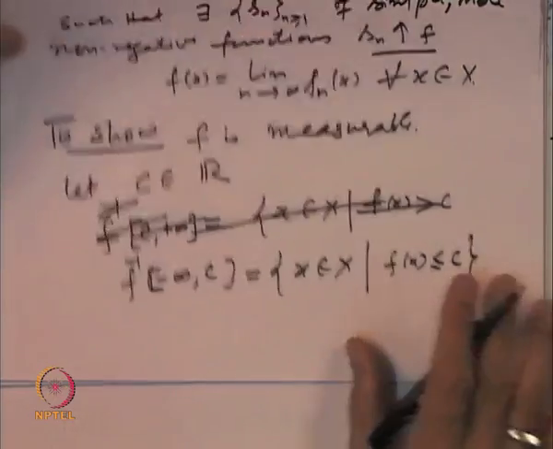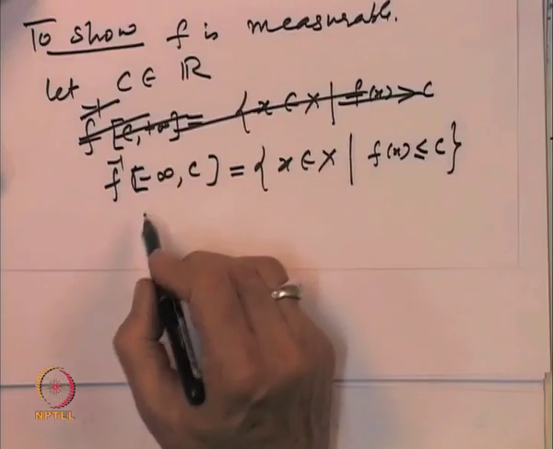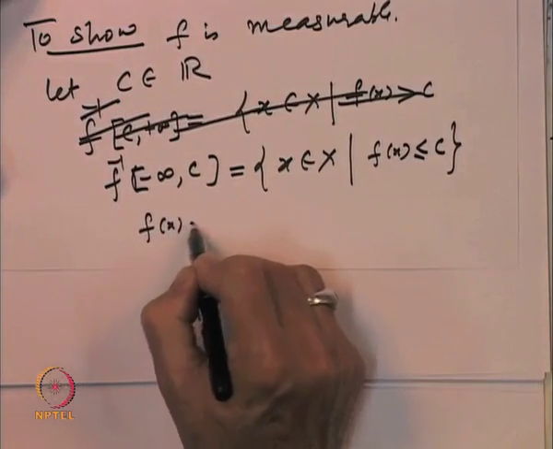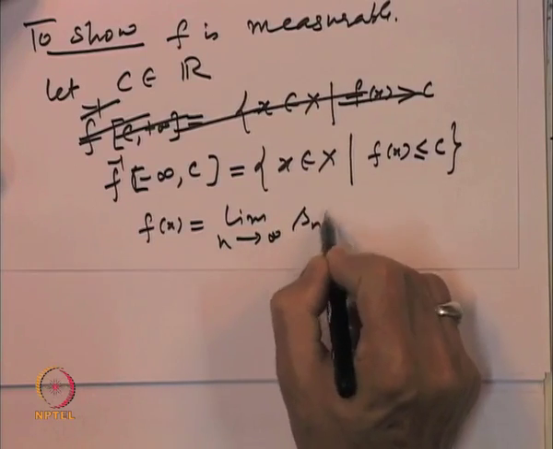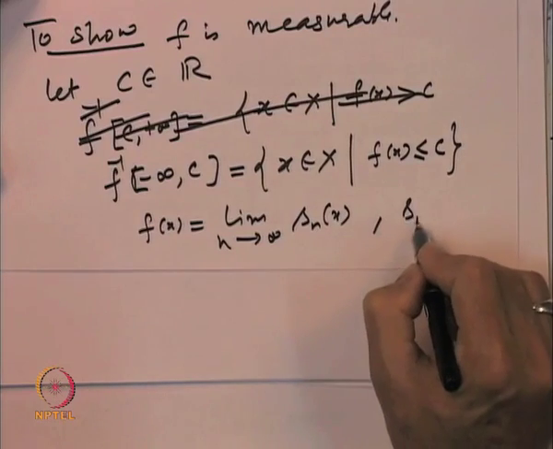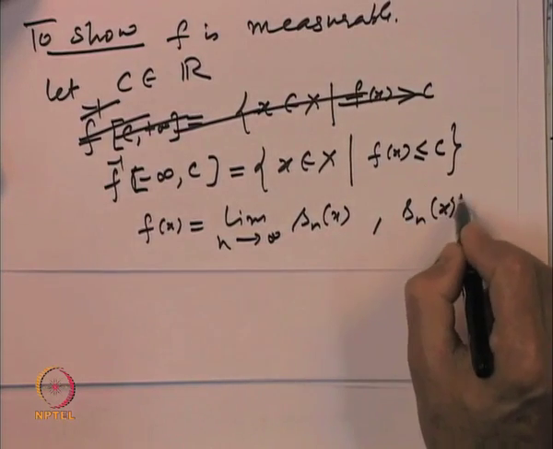And what is f of x? Recall, just now we said f of x is the limit as n goes to infinity of S n of x, and S n x is increasing.